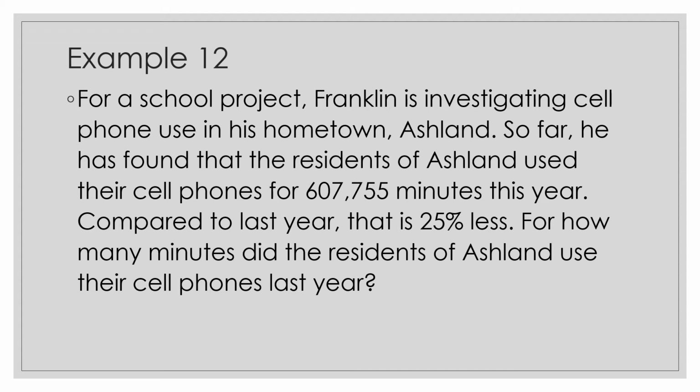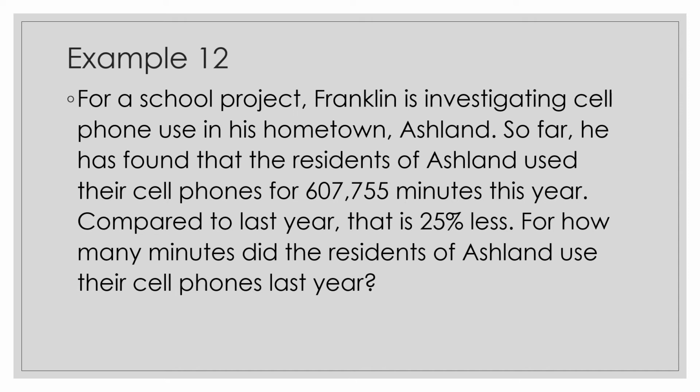For a school project, Franklin is investigating cell phone use in his hometown, Ashland. So far, he has found that the residents of Ashland use their cell phones for 607,755 minutes this year. Compared to last year, that is 25% less. For how many minutes did the residents of Ashland use their cell phones last year?